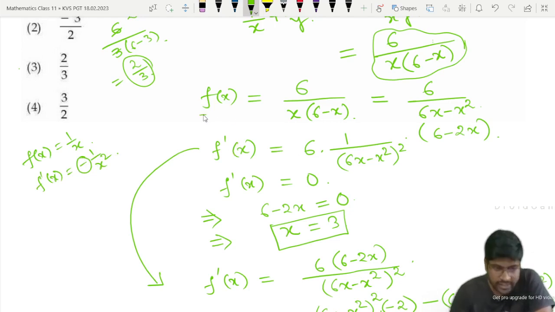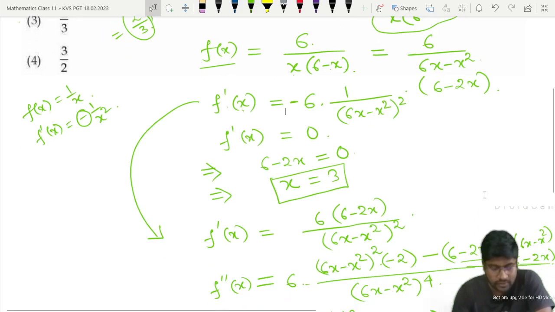So here see, f of x is equal to 6 divided by x into 6 minus x. So whenever we are finding f dash x, so 6 into 1 divided by, I have taken the whole square, but I have not taken one minus sign here. One minus sign will be there. Okay. So now it will be okay. So f dash x will be equal to 0, implies 6 minus 2x will be equal to 0.